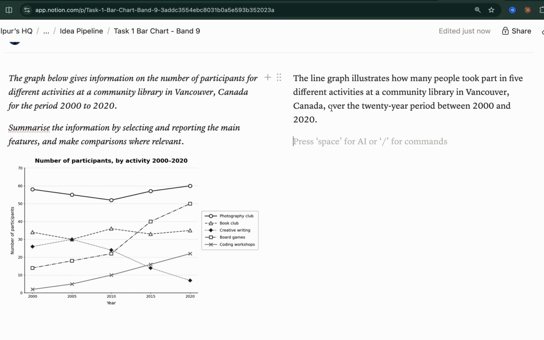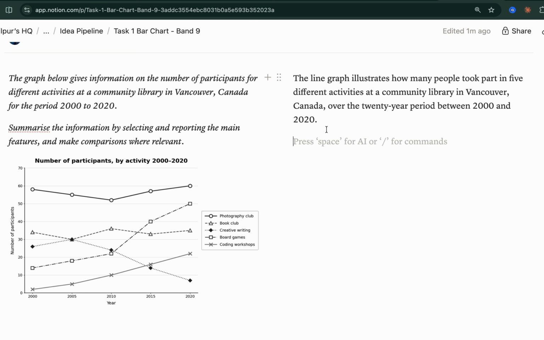Now, we've got our introduction ready, and it's time for the overall statement. An overall statement is usually written in 2 sentences, but what these sentences are and are not is something that you should be very, very careful about. First of all, we do not use numbers in the overall statement.